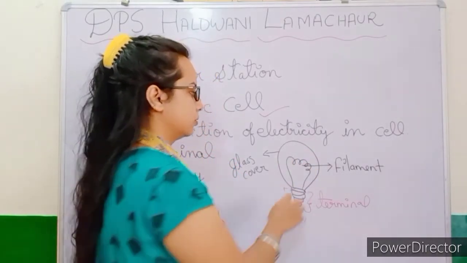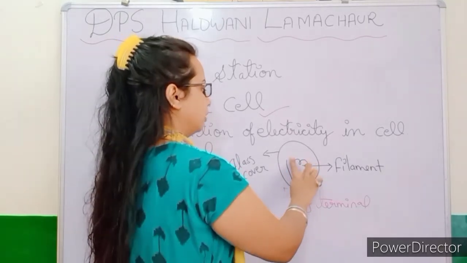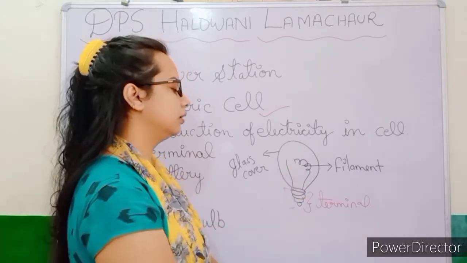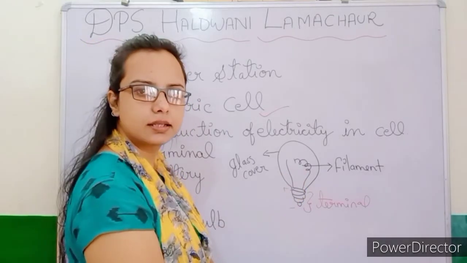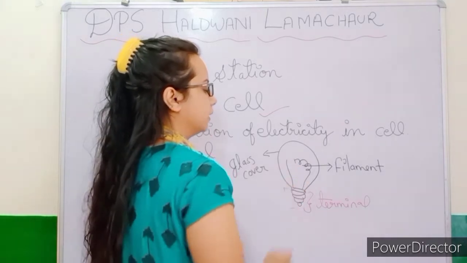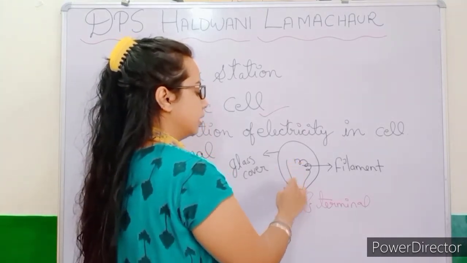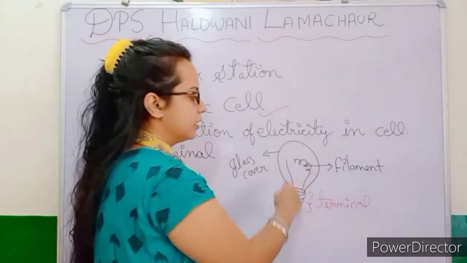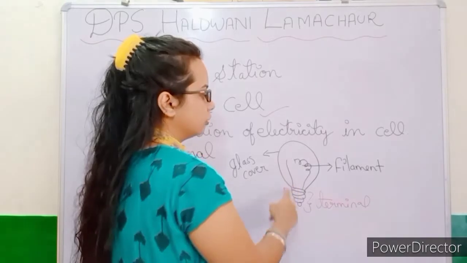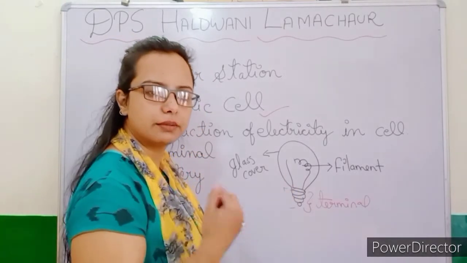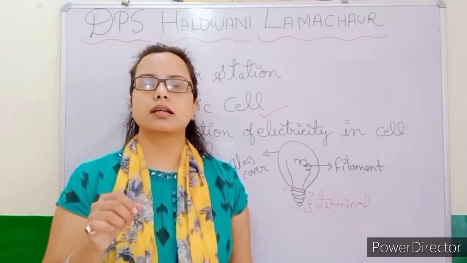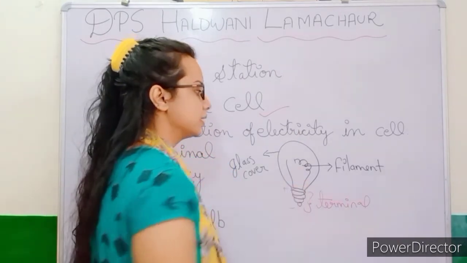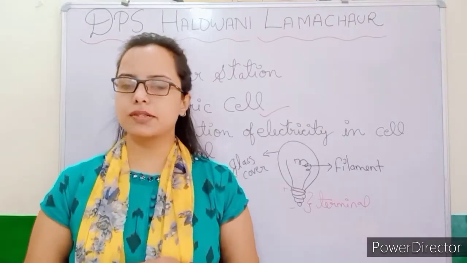After working for a long time, this thin tiny wire, which we know as the filament, breaks. And when it breaks, the flow of current stops in the circuit. The flow of current in the complete circuit cannot be completed, because of which the bulb stops glowing. Hence this bulb is known as a fused bulb.